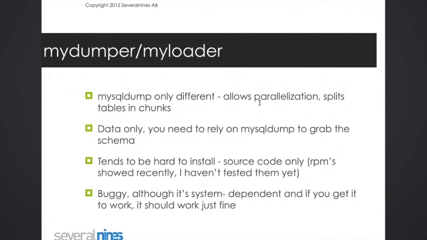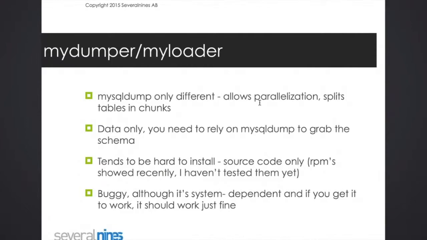So not only in the hacky way we can do using MySQL dump and then MySQL client to load the data, but it's possible to split the tables in chunks of rows, and then multiple threads can operate on a single table at once. This is really, really useful if you have, for example, one large table, in which case our hacky way of working with MySQL dump won't be enough here.